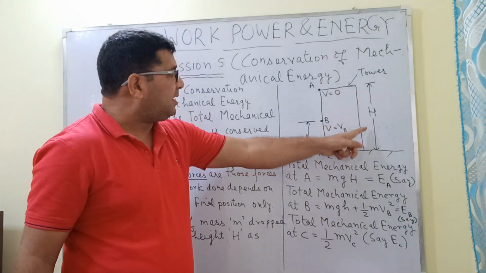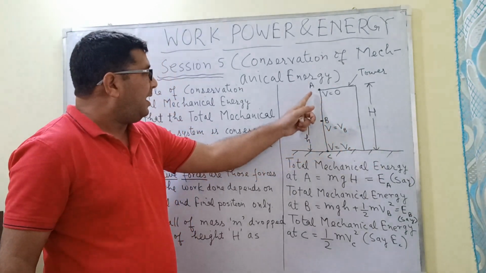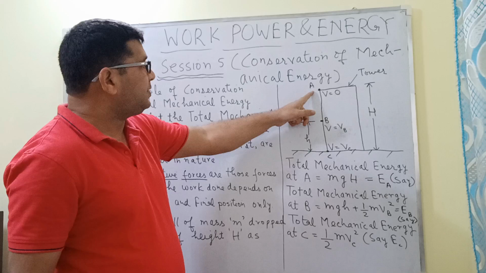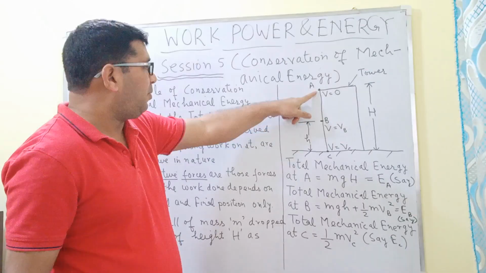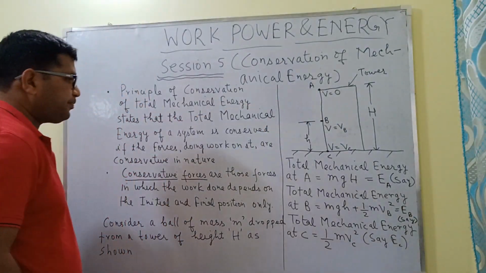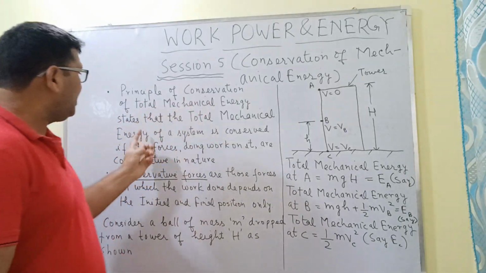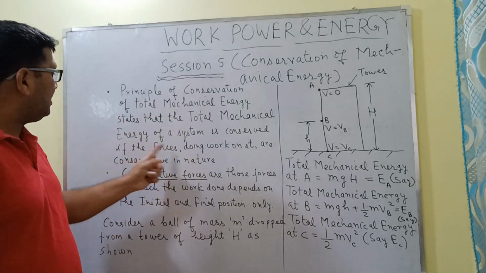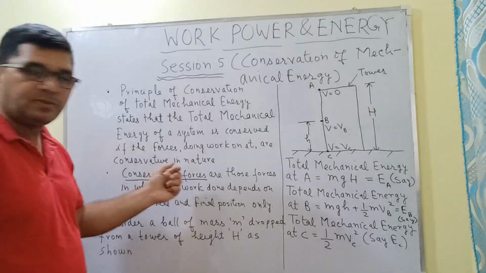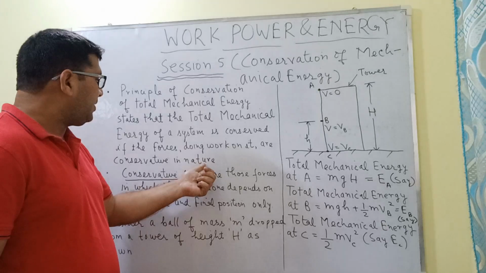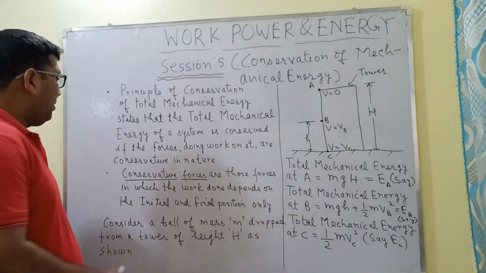The height of this tower is capital H, and I will be dropping a ball of mass m from this point A, which is the top of the tower. So, as per the principle of conservation of the total mechanical energy, the total mechanical energy of a system is conserved if the forces acting on it are conservative in nature.